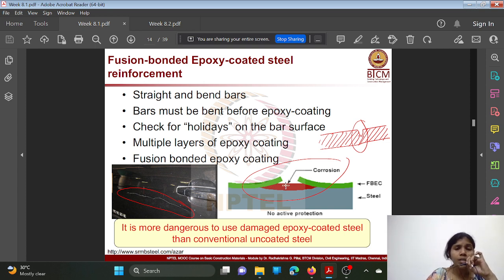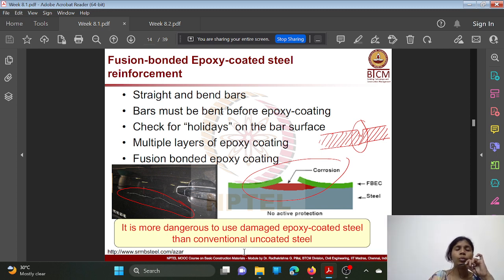Through those holes, the moisture will reach the surface of the steel, and the corrosion can happen. So there is no active protection, and it is not serving the required condition. So it is more dangerous to use damaged epoxy coated steel than conventional uncoated steel. So that's what I told you, instead you can go for uncoated steel.